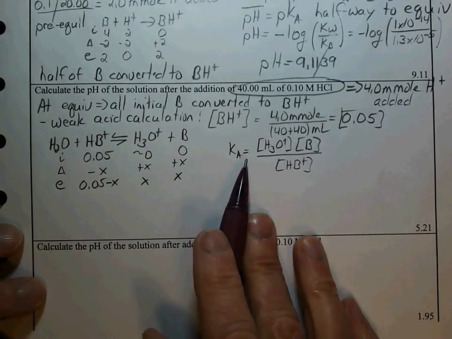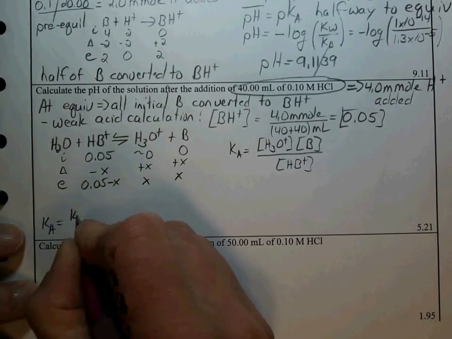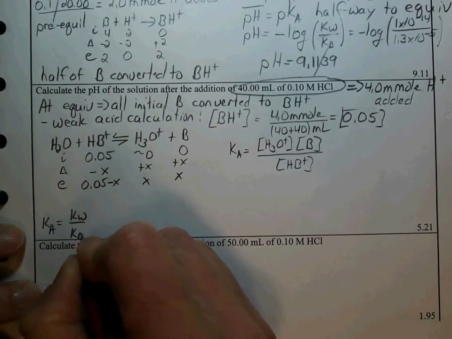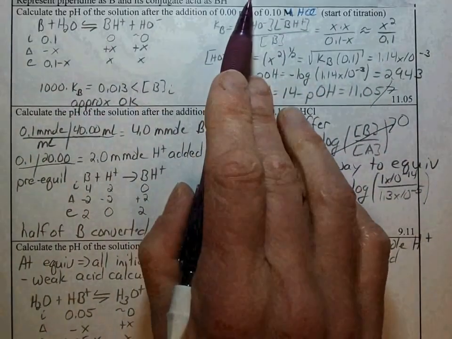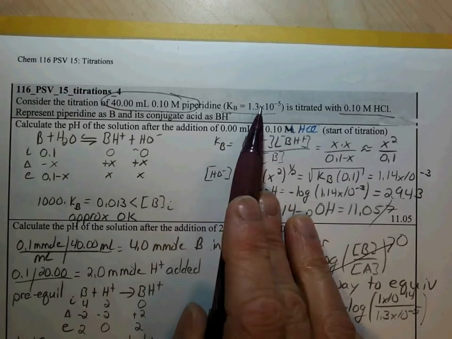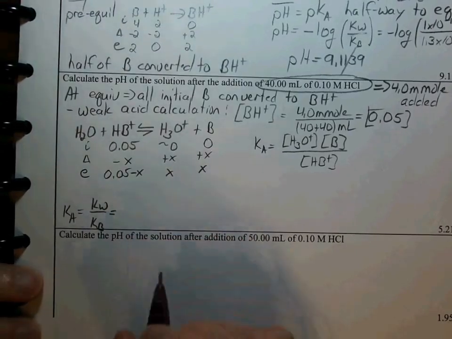Alright, we need a value for Ka. Ka is Kw over Kb. Again, we started with a weak base here. We started with a weak base. It was converted to its conjugate acid, so we're trying to find the Ka of the conjugate acid.